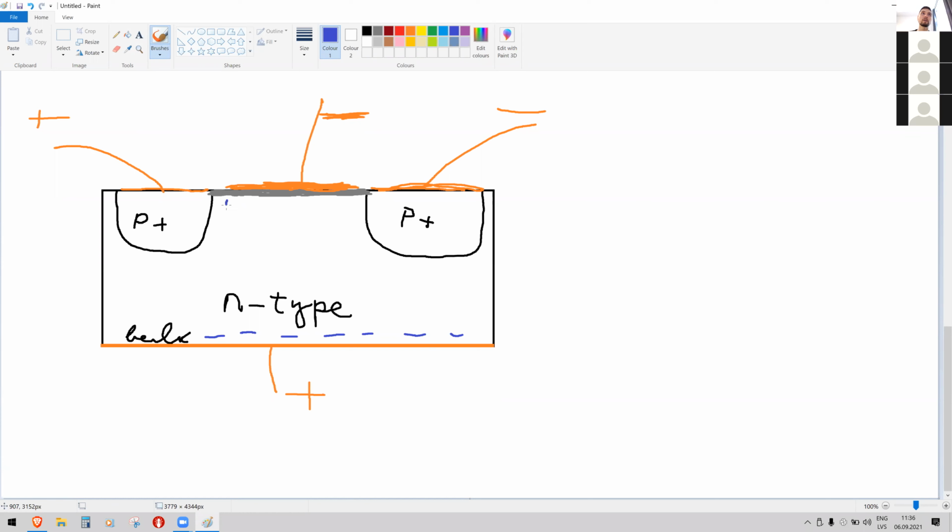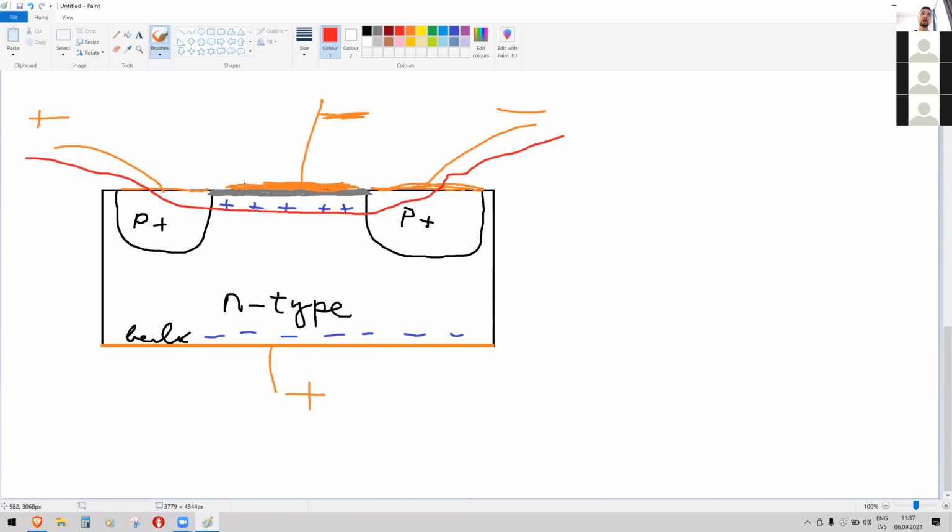And so you get a positive region here. And electricity can go from P to plus and back to P and flow through. So now electricity comes here and it moves through.